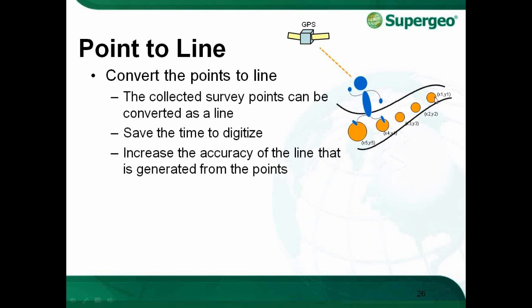You work from the start point to the end, but you got only the points that are recorded. And then when you come back to the office, you can use this function to convert the points to a line. It saves time to digitize, and it also increases the accuracy of the line.